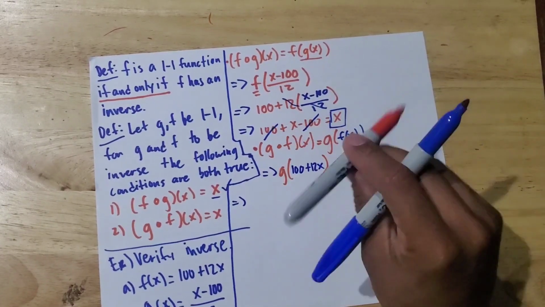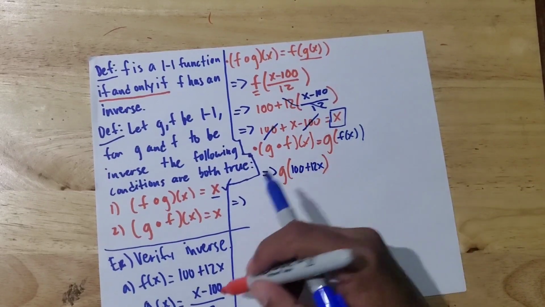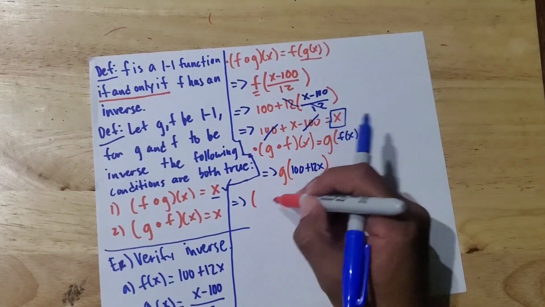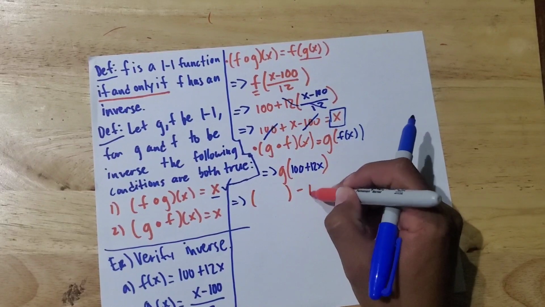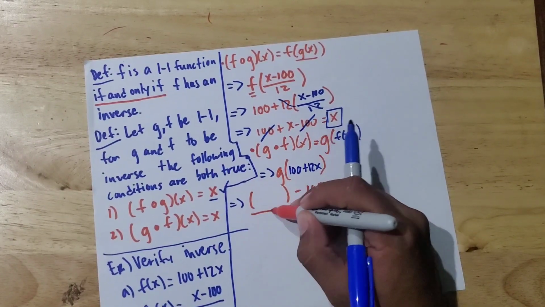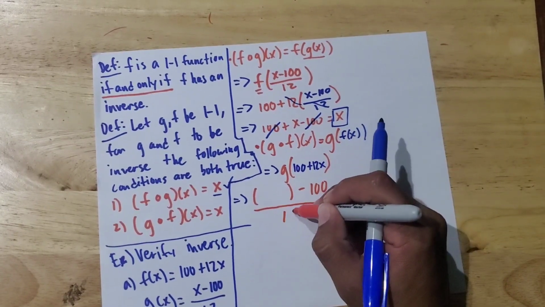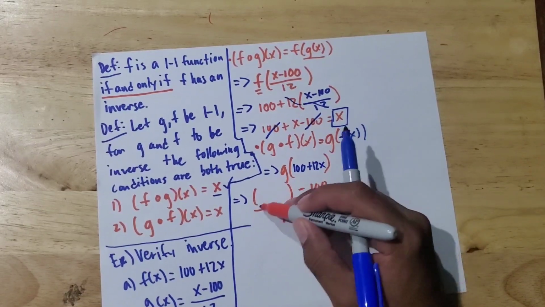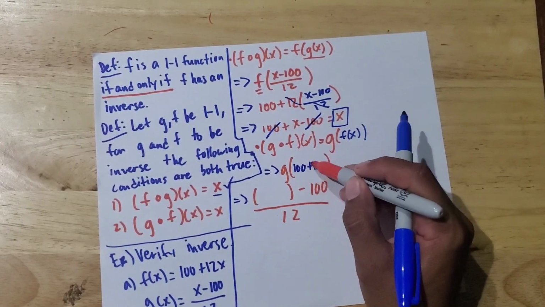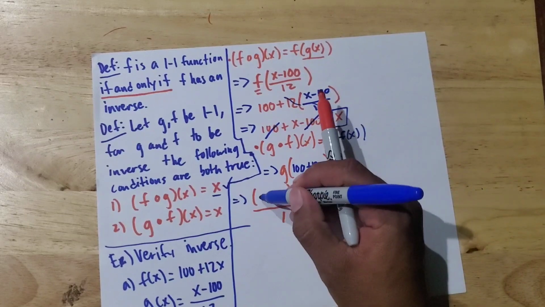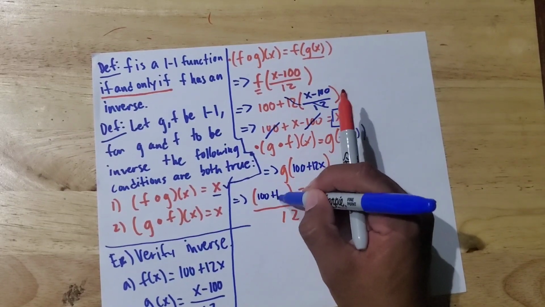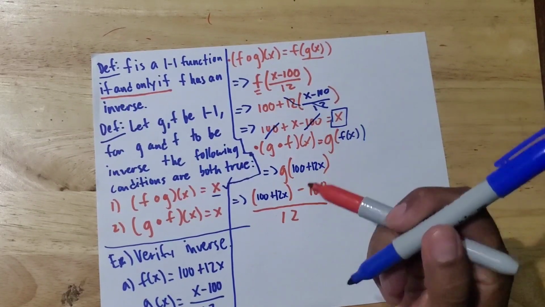We'll move down here. So I know g of x is x minus 100 all over 12. And again, I'm always putting parentheses where the x was because I'm replacing all of it with this 100 plus 12x.